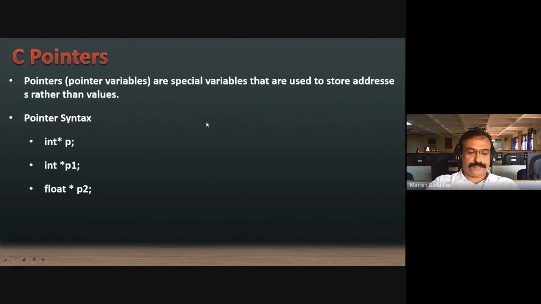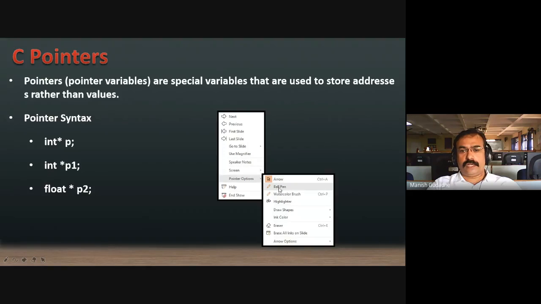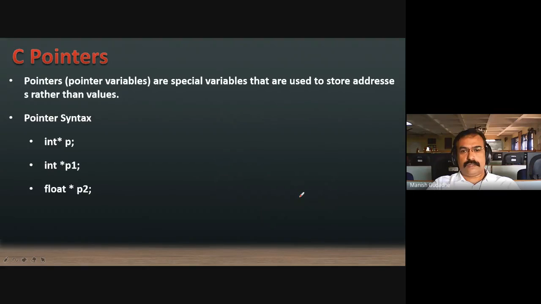There are two things which you'll have to always keep in mind as far as C pointers are concerned. You remember two symbols: one is the asterisk symbol, another is the ampersand symbol.